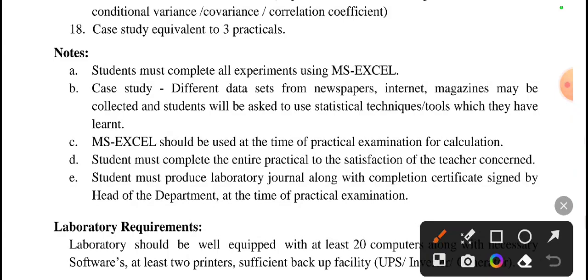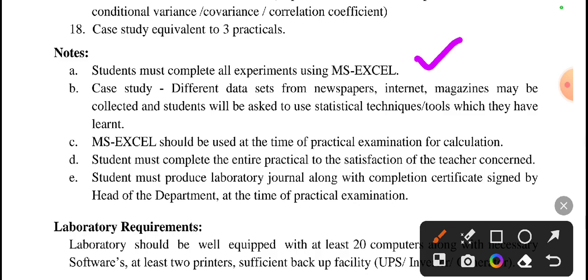The student must complete all experiments using MS Excel. So MS Excel is compulsory for this year. You have to do all your practicals with the help of MS Excel, and at the time of the practical examination, solve all the examples asked in your question paper with the help of MS Excel.